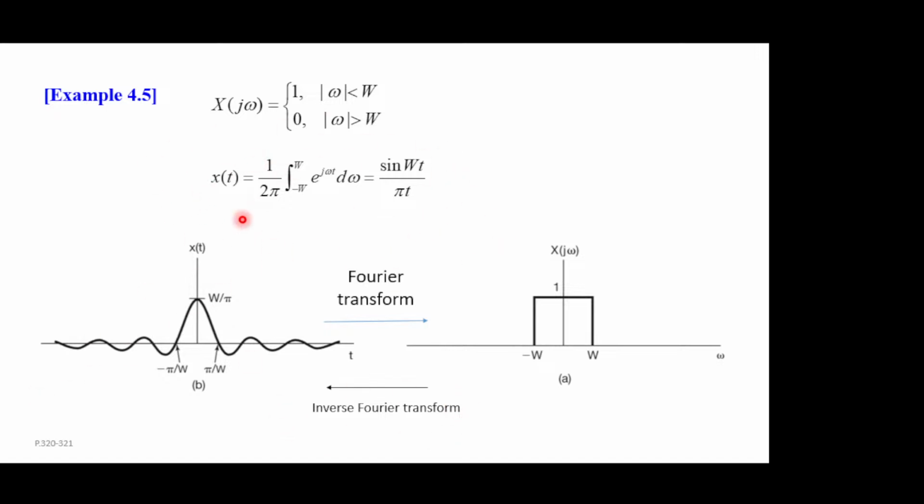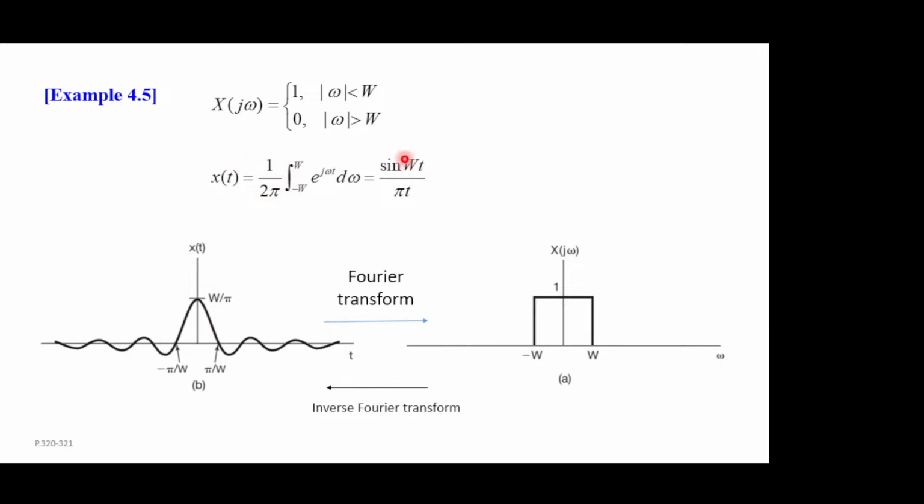So x of t, you do a similar calculation. It will be the integration from minus W to plus W of e to the j omega t. The only difference is there is no minus sign here, but it's really the same thing. And also you have 1 over 2 pi.